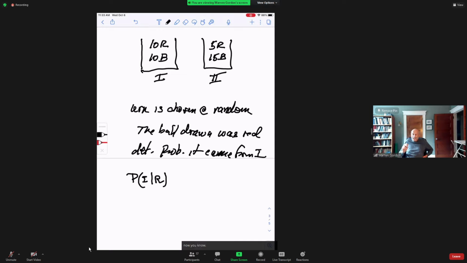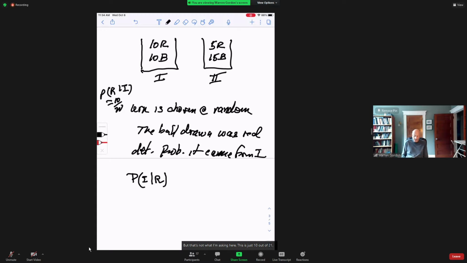Now you notice that's a different question than the following. Suppose I ask, if it came from urn one, the probability that it's red. Well, if it came from urn one, the probability it's red is 10 out of 20, right? But that's not what I'm asking here.